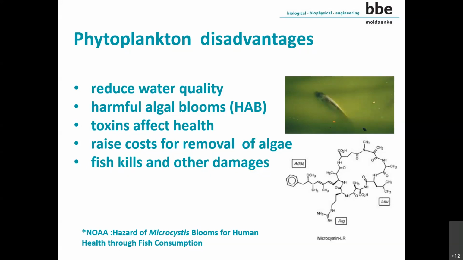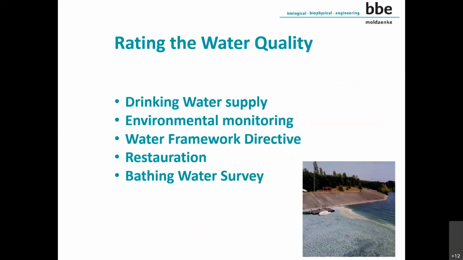So that is quite a good reason to look at the water quality and at the existence or abundance of these organisms. And of course, it is important to rate the water quality, let's say in a lake or in a reservoir. Here on the bottom, you see a picture from Poland, which I took 20 years ago in a reservoir close to a small town.